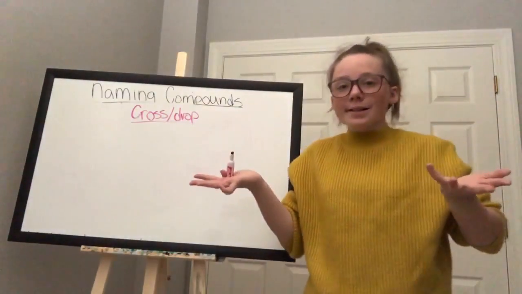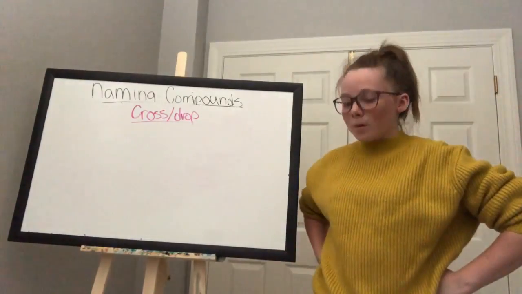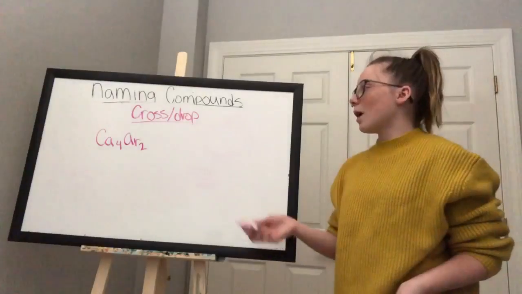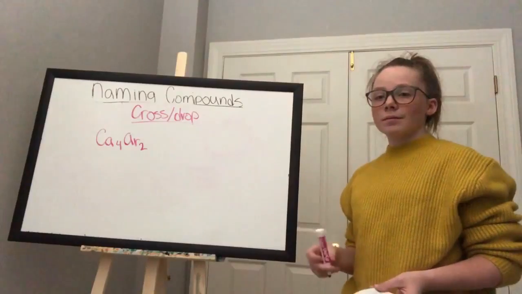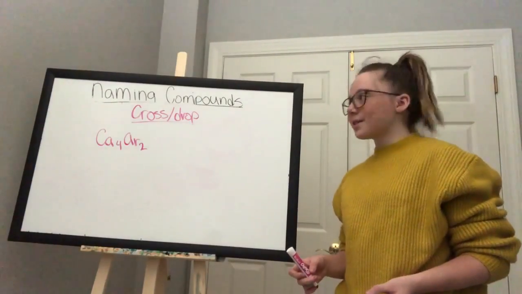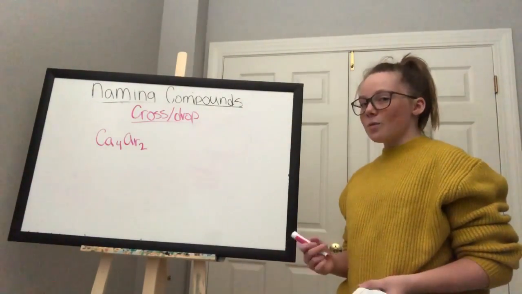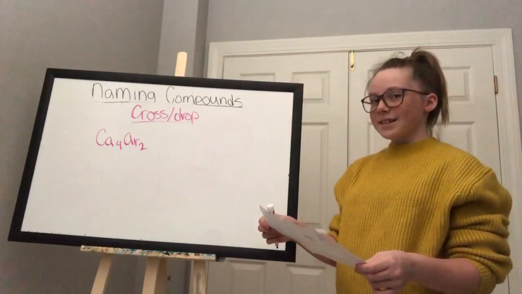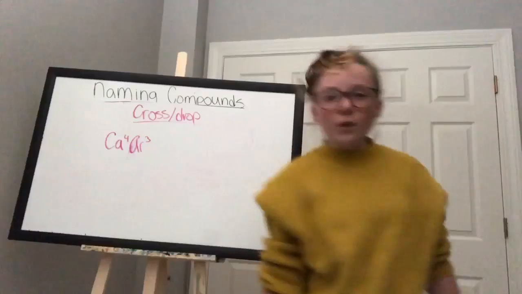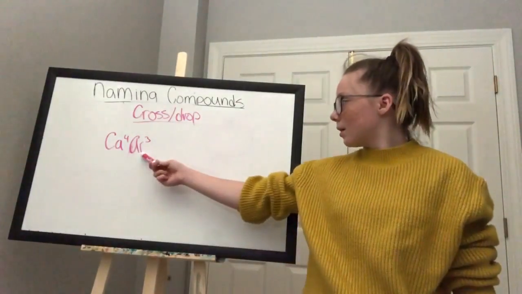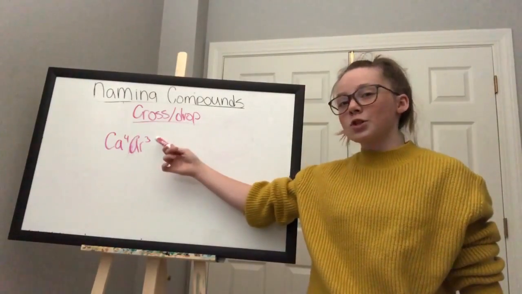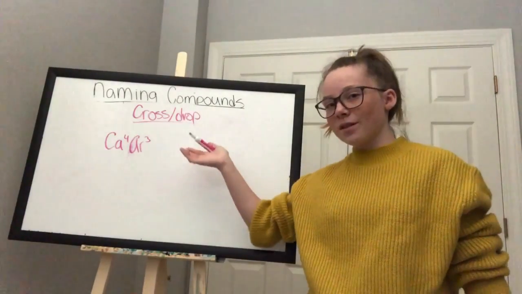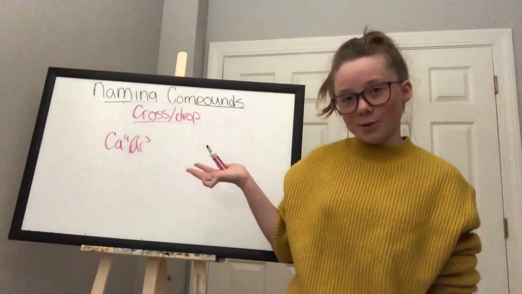So when we're crossing and dropping, we're going to have a formula. You might be wondering, why do I need to cross and drop? The answer is because science tells us to. We do what science says. Science is scary. For the cross and drop method, our subscripts start as superscripts, which just means they're above. So they think they're better than the rest of the subscripts.